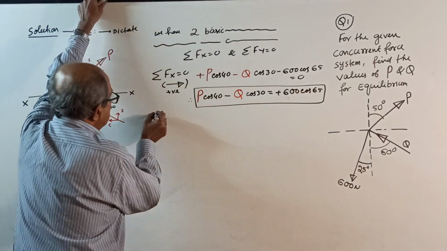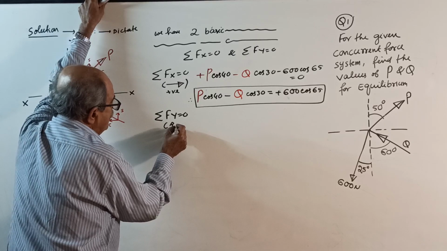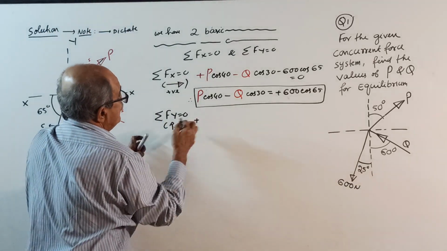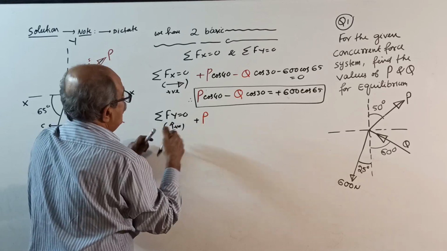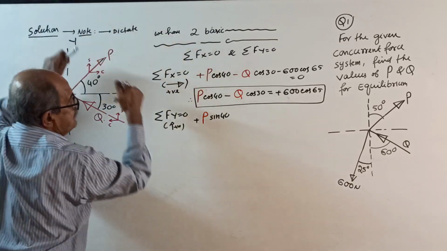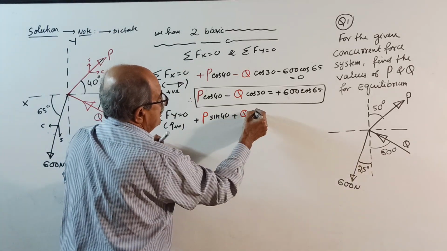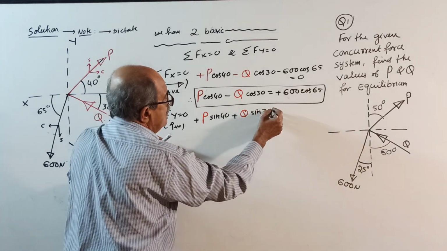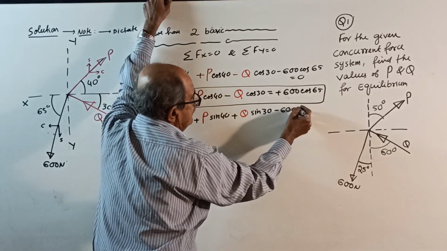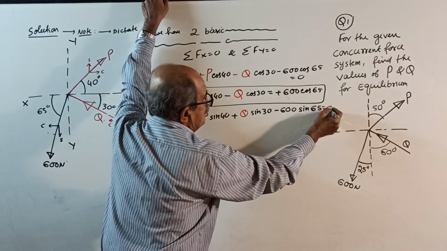Next, sigma Fy equal to 0, taking upward as positive. Then plus P sin 40 plus Q sin 30 minus 600 sin 65 equal to 0.